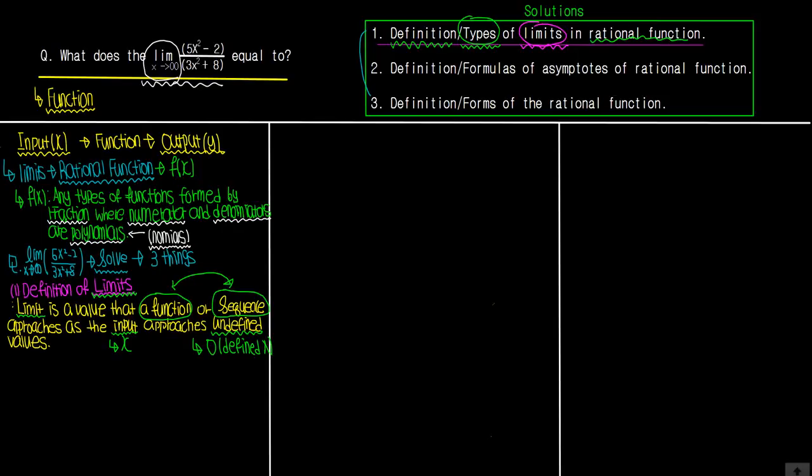So the first thing we might talk about is the different kinds of formulas of limits when you apply them to functions or sequences. For a function, the formula is the limit as the x value approaches some value, and we're trying to solve for f of x.